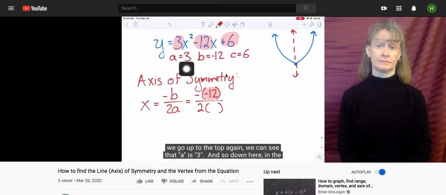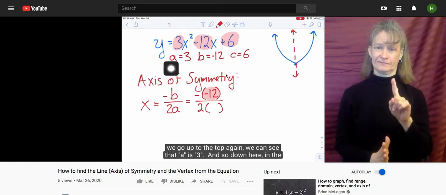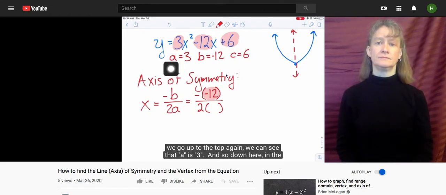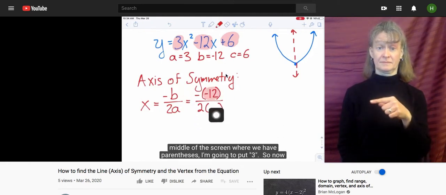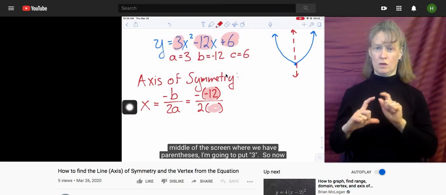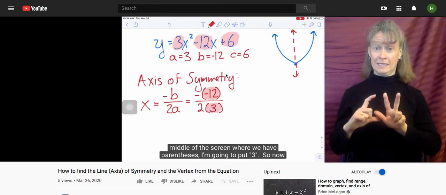And if we go up to the top again, we can see that a is 3. And so down here, in the middle of the screen where we have parentheses, I'm going to put 3.